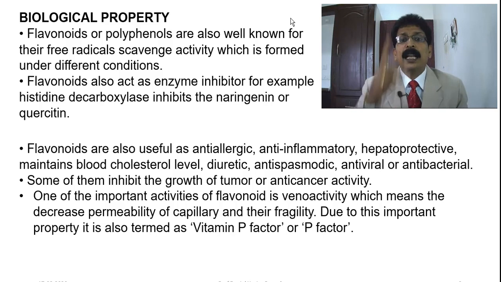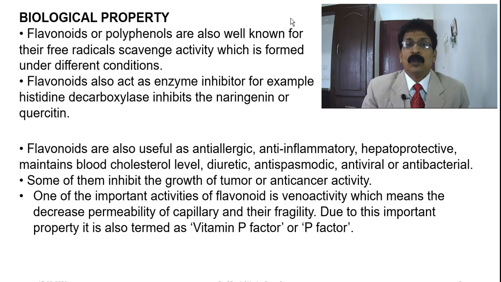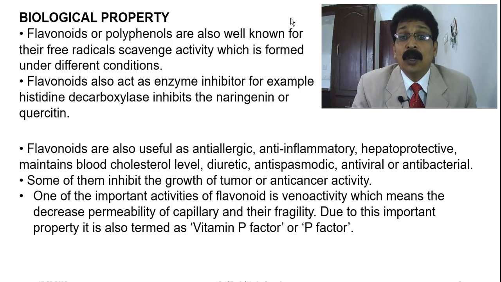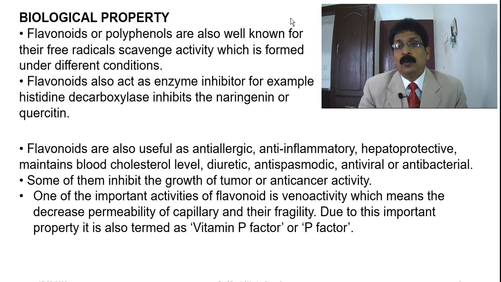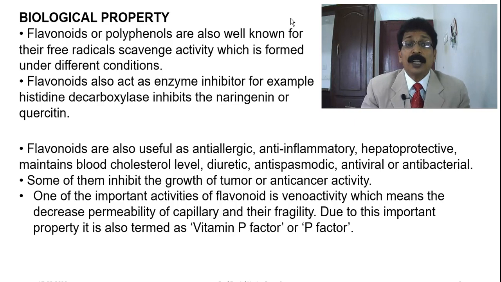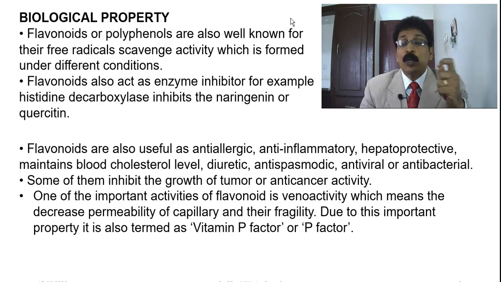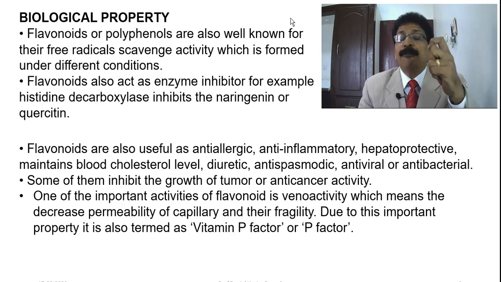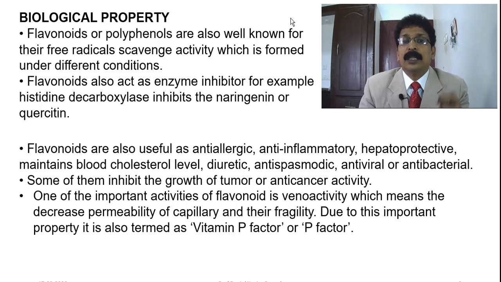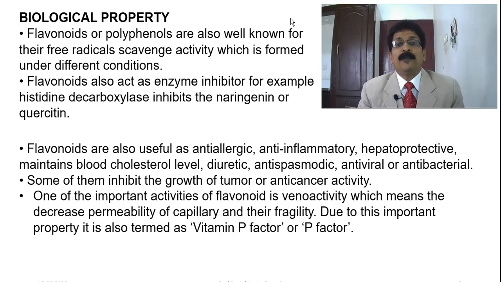One of the important activities of flavonoids is vitamin P activity, which means decreased permeability of capillaries and fragility. Due to this important property, it is also termed vitamin P factor or P factor, permeability factor. So this we have already discussed. P factor, vitamin P, they can be denoted as flavonoids.